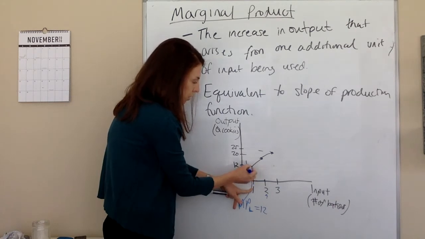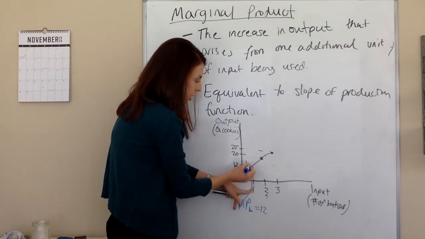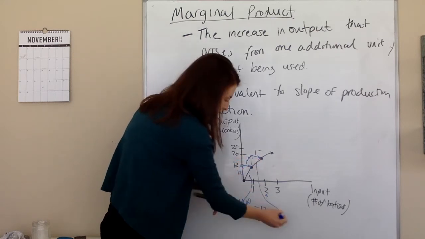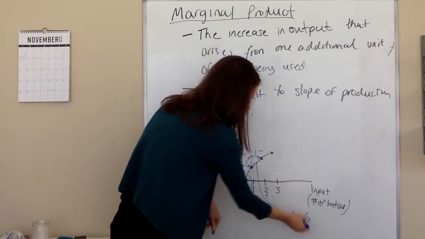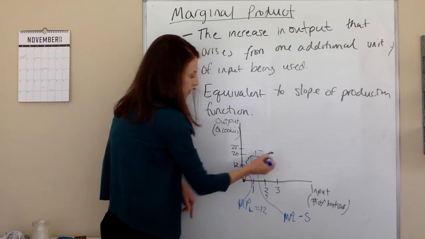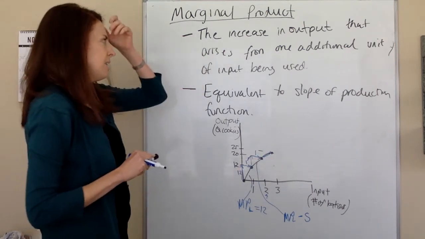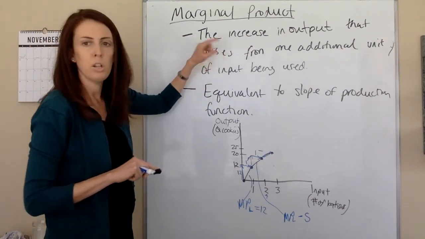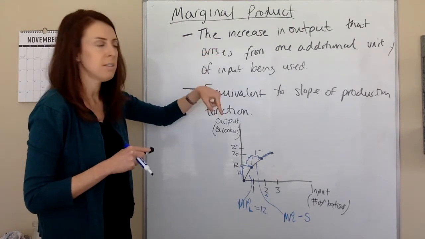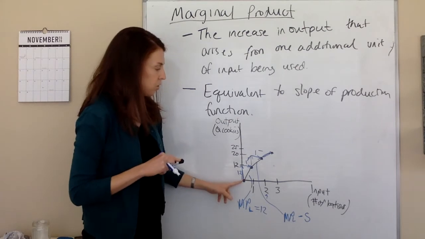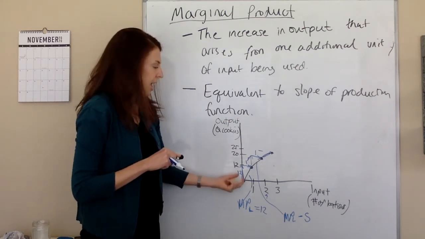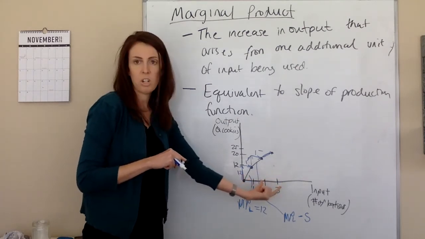If you go from this dot to this dot, you're rising 8, you're running 1. So the slope of that little section gives us a marginal product of labor equal to 8. And you can do the same thing for this segment. The idea is the additional output that you get when you use one more input is the marginal product, and that marginal product aligns with the slope of the production function at the particular portion that you're looking at.